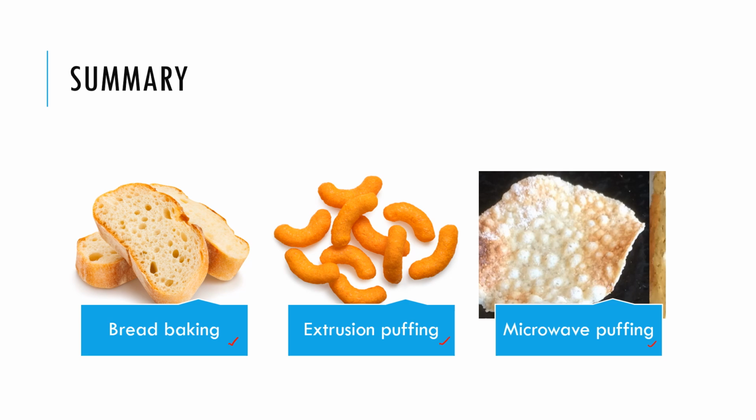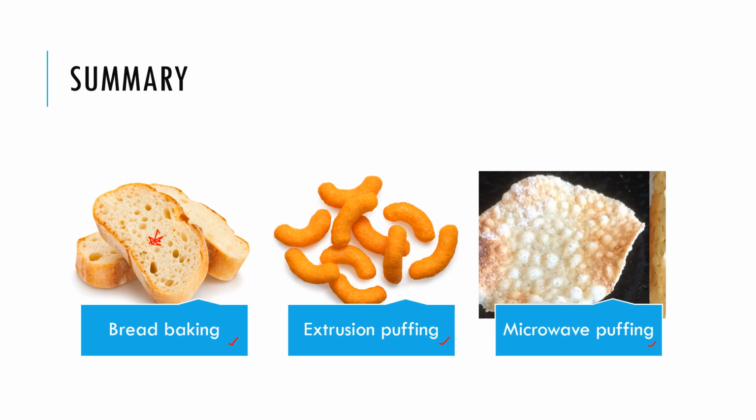So in each case, you see the material needs to be softened, if not already soft. And then the rate of gas generation inside has to substantially exceed the rate at which the gas can escape.